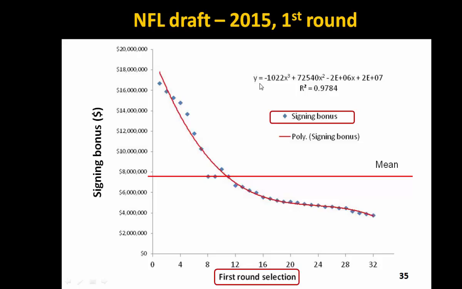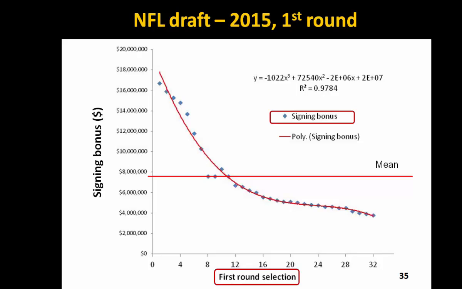And what we see here is the regression equation that was generated from Microsoft Excel. That is a very different type of equation than we observed earlier in lecture. This is called a third-order polynomial function that has a coefficient of determination that is very, very high at 0.97.